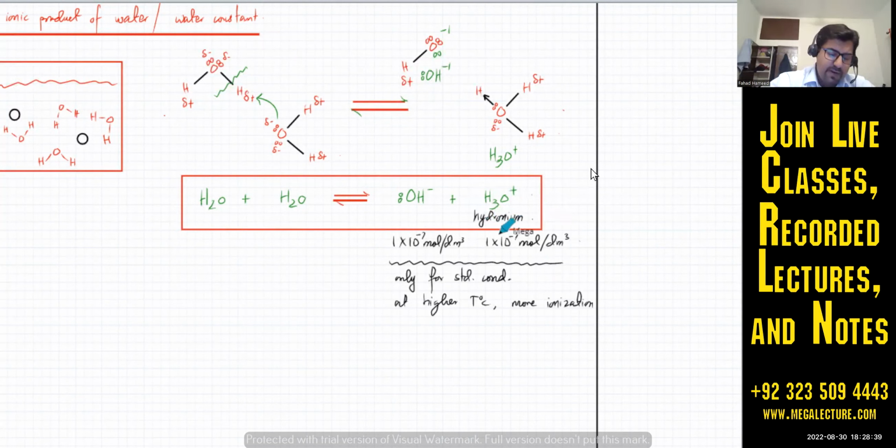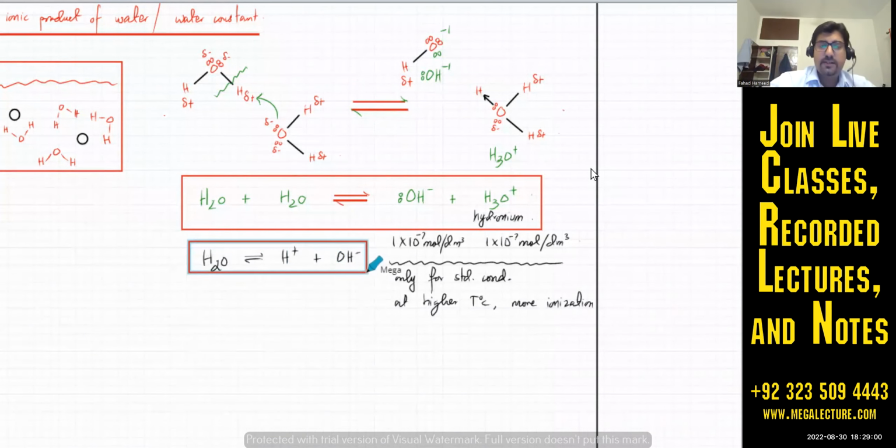Now there's an equivalent reaction, a simplified version of this, which is what you used to write in O levels: water ionizes and it forms two ions. One of them is H plus 1, the other one is OH minus 1, right? So there's an equivalent simplified version of the same reaction, which is this.